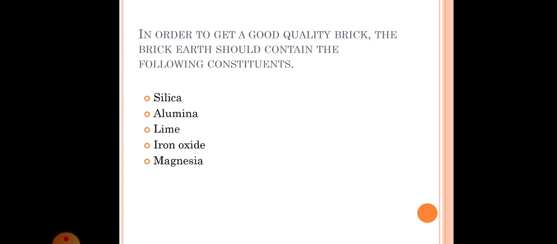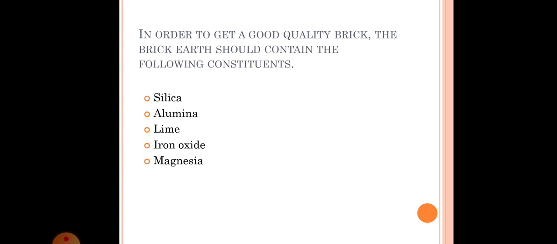One more thing is that lime causes the silica present in clay to melt. I told you it will be filled in the mold, then dried, and after that it will be burnt. During the process of burning, it is the lime present in the brick earth which will cause the silica to melt, and it will also help to bind the silica particles.